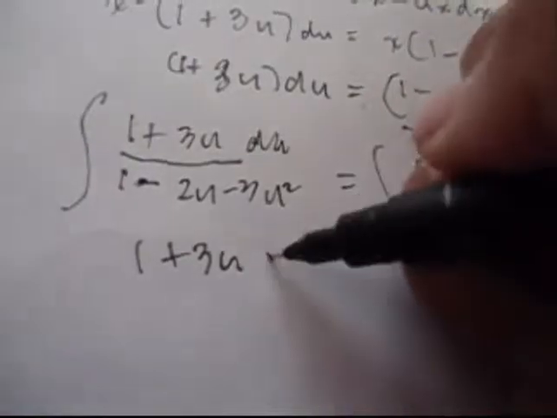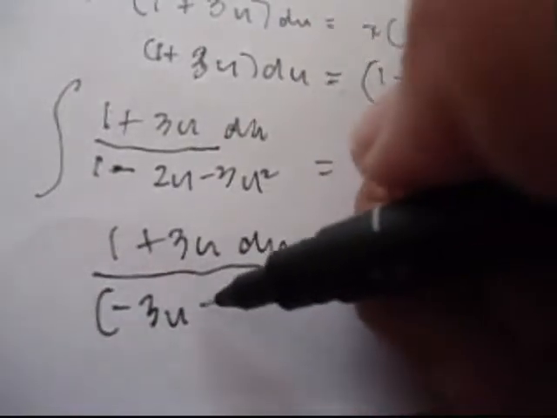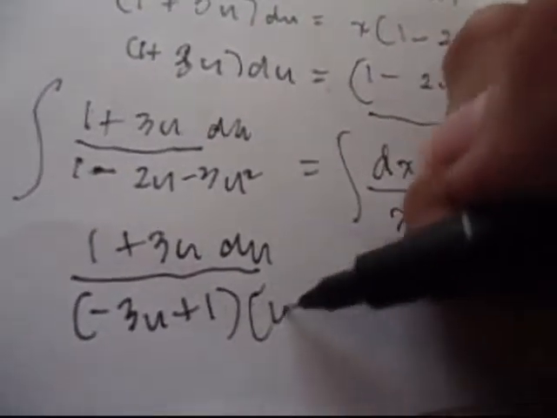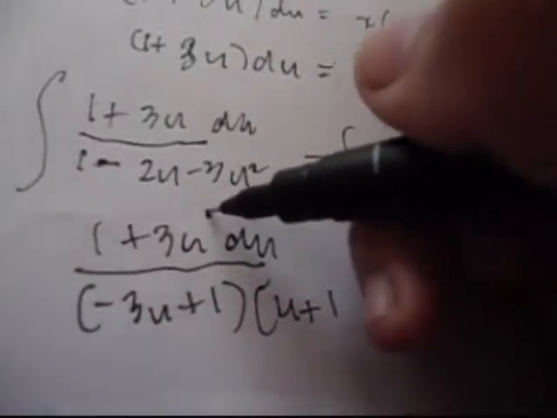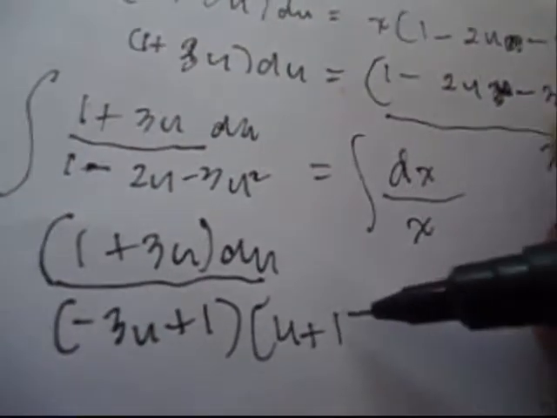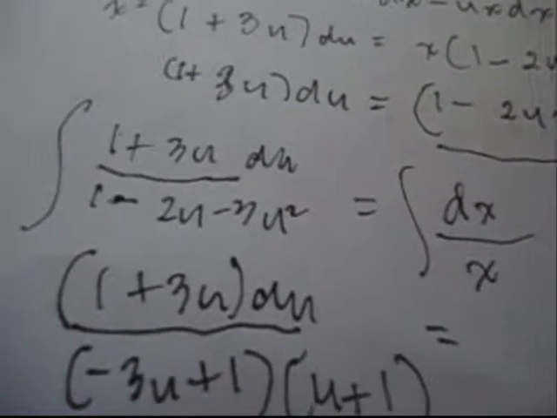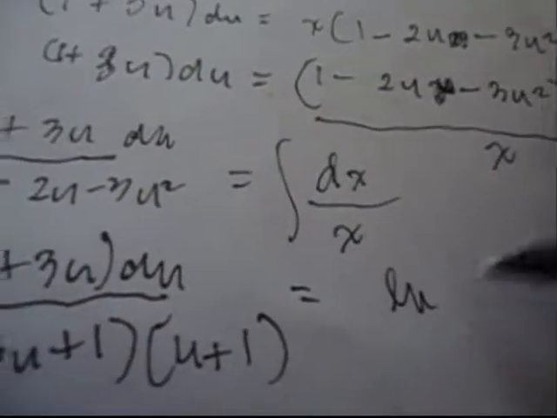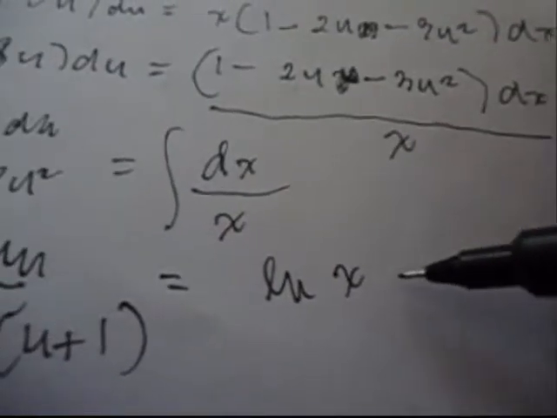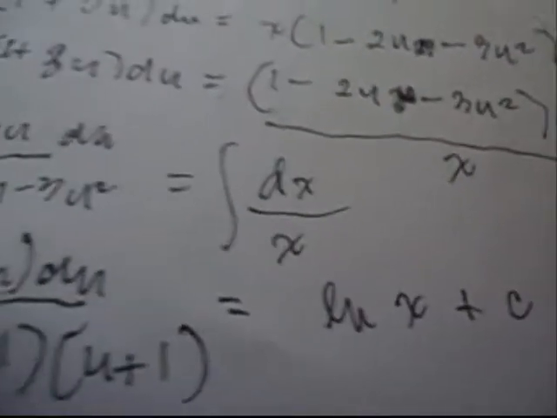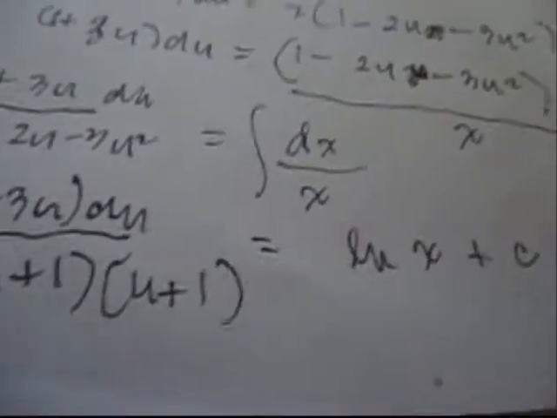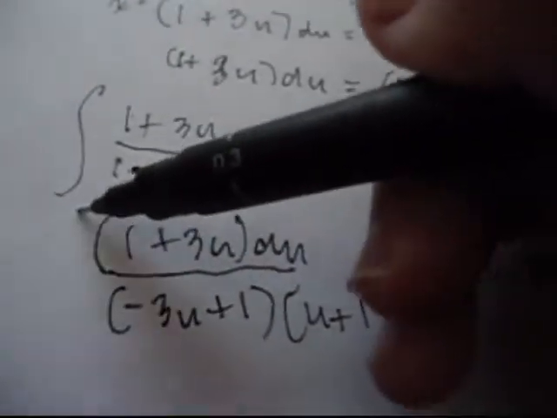So we have 1 plus 3u du, and the factors of this are negative 3u plus 1 times u plus 1, equal to, let's integrate this, ln x plus c. So after getting that, our problem here is how to get the integral of this, so we will use partial fractions.